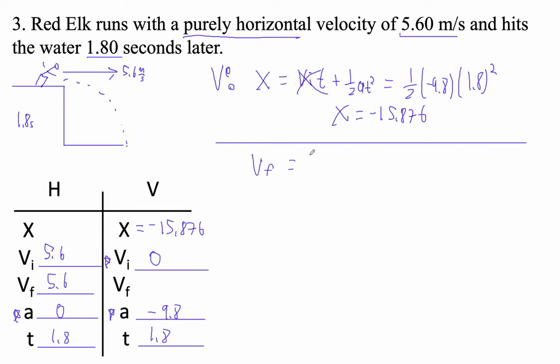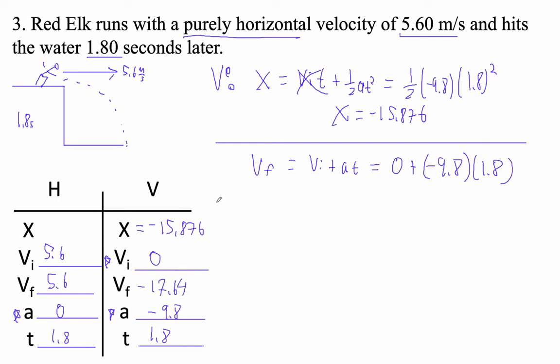Let's use this guy. So it's 0 plus negative 9.8 times 1.8, which is negative 17.64.